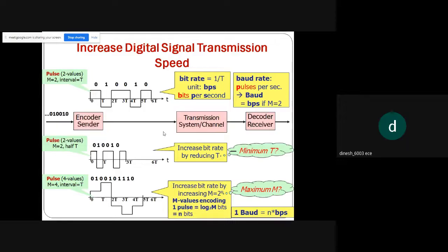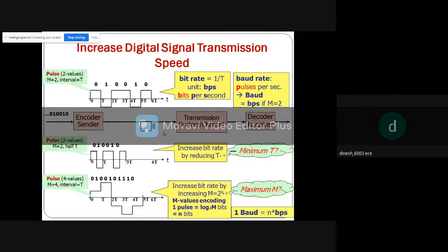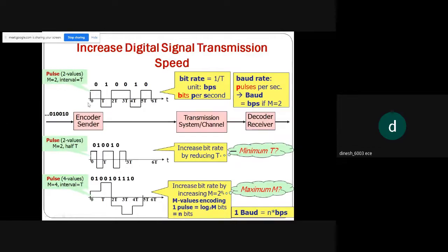This is a simple example of digital signal transmission, how the signals are being encoded. You can see that at the top we have a sequence of binary digits 010010. This is being transmitted to an encoder, so it will be sent in this format after the encoding.